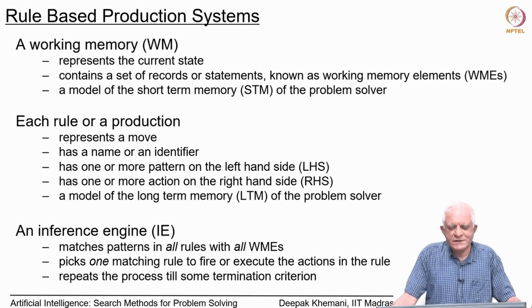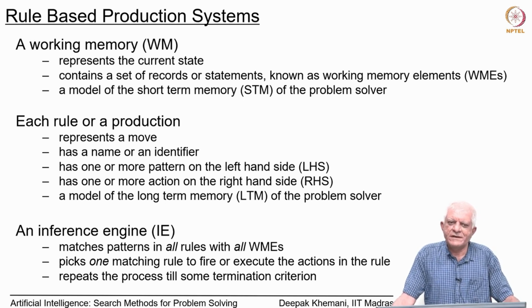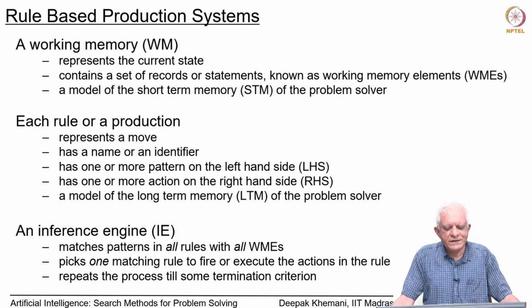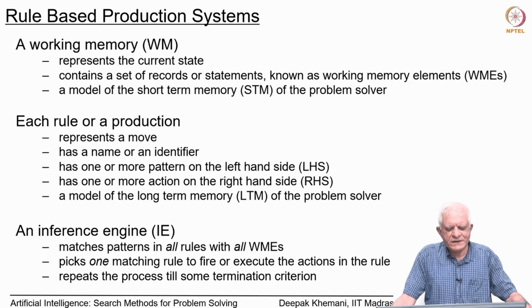The second is a set of rules which contain the problem solving knowledge of the agent, and the third is an inference engine which has the responsibility of taking the rules or the problem solving knowledge of the agent and applying it to the data which is there in the working memory. So, these three components together make up a rule based expert system.